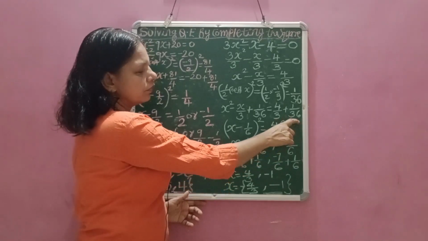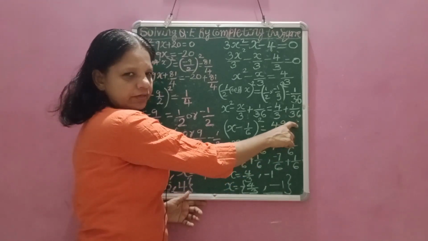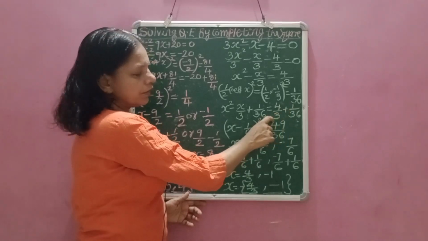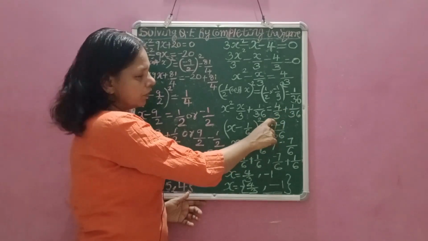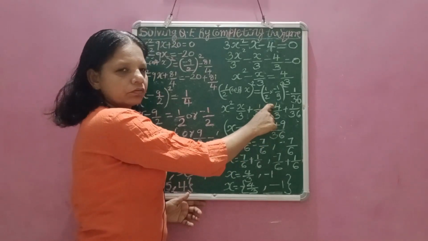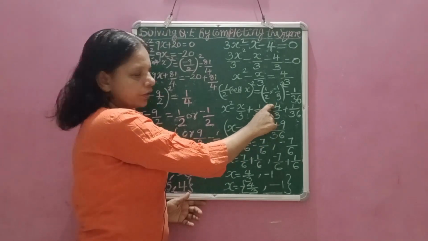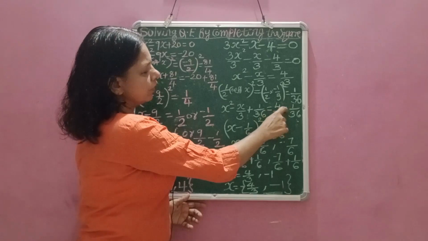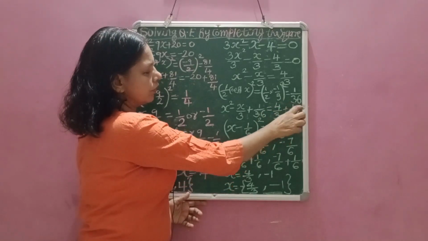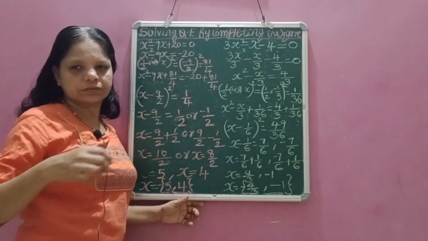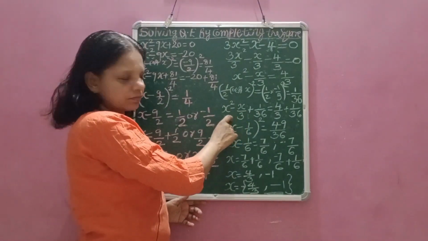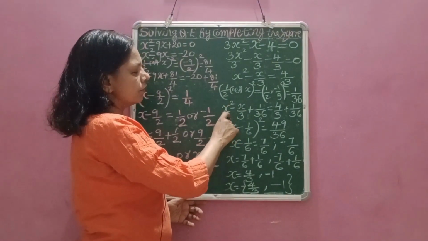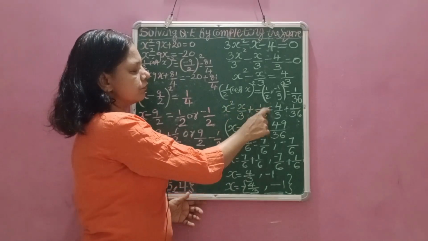How is it? Take LCM method. 36 is the LCM. LCM divided by 3, 12. 12 into 4, 48. 48 plus 1, 49 upon 36. And LHS is in the form of a square minus 2ab plus b square.